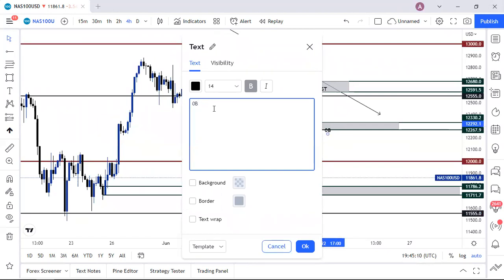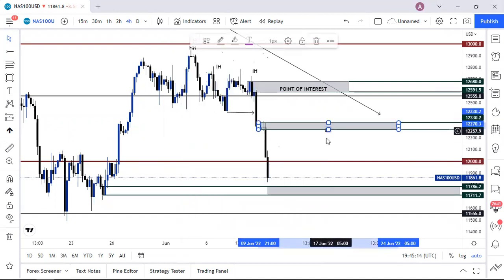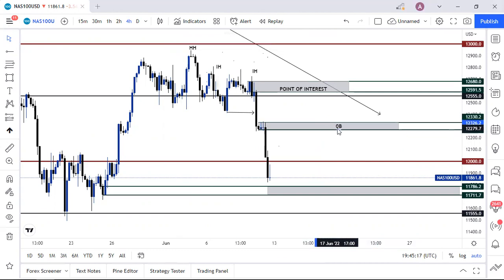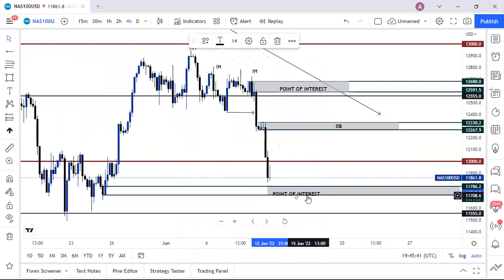In the same thing, it's gonna be my OP. And then I have again here my OP, which is also the same as a point of interest. I hope I'm reading right. Okay, it's the same thing. OP, point of interest. See again.